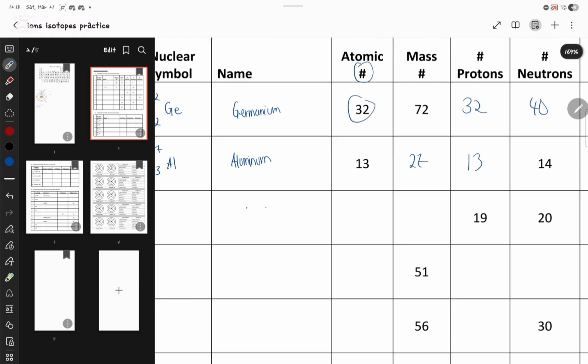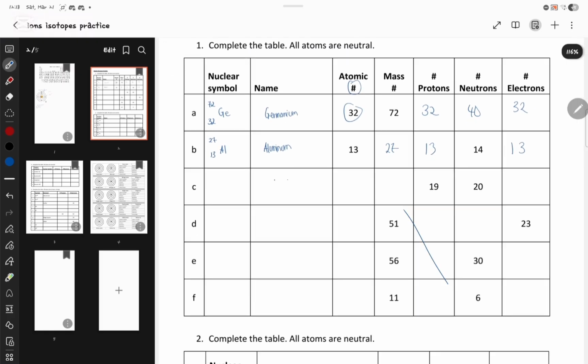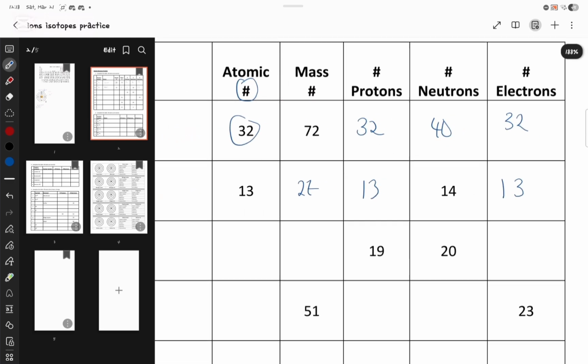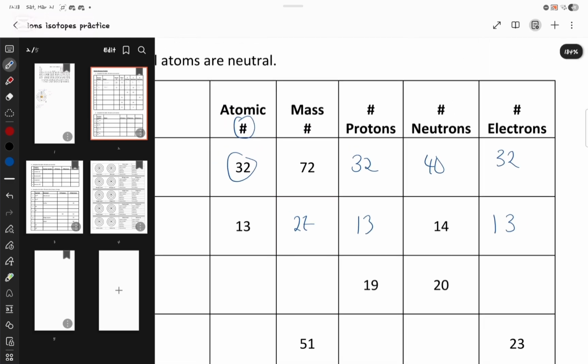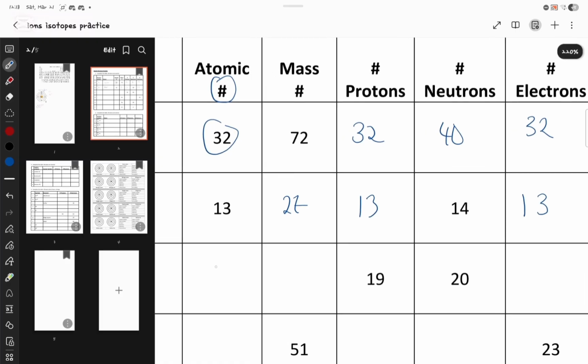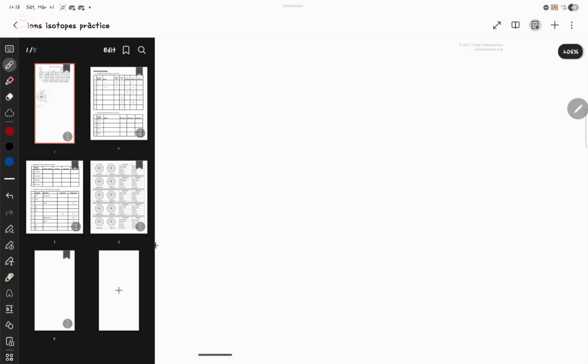Okay, the last one, I'm just going to skip these because I think it's a bit too straightforward. Okay, I'll do two more. We have protons and neutrons here. We know that protons equals atomic number, so 19. Let's look at 19.